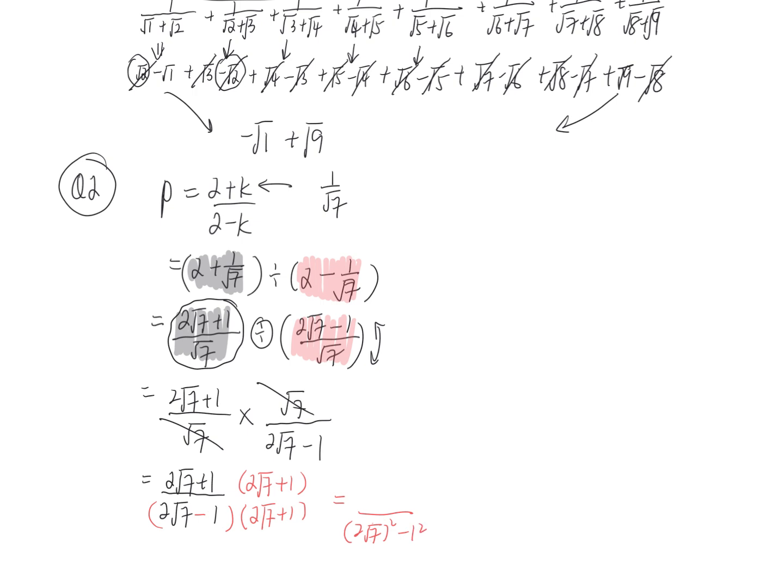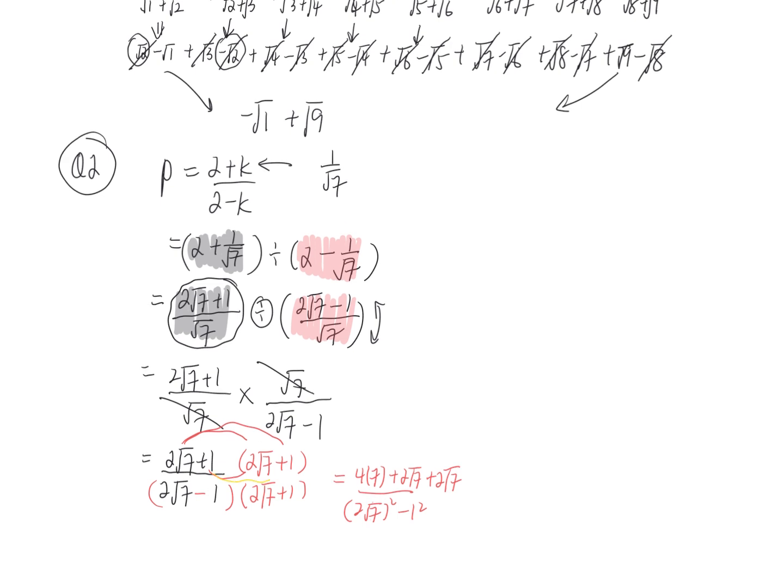Okay, and then at the top, I get 4 times 7. Okay, final answer is 29 plus 4 root 7 divided by 7 times 4, 28 minus 1, 27. Okay, cannot simplify already, so leave your answer like that.